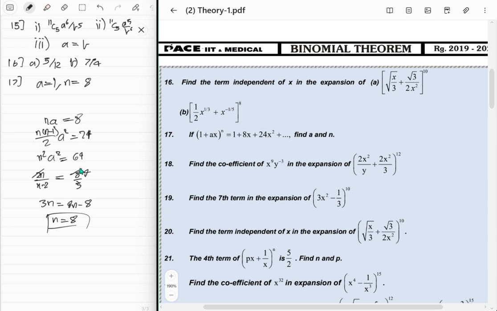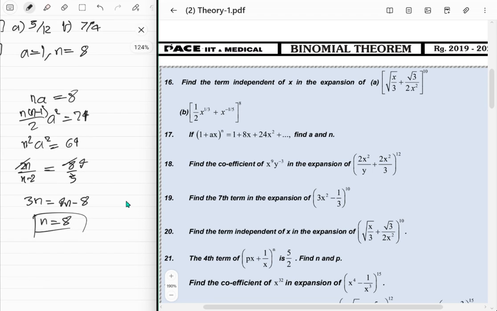Well, that is 8 upon 3, so 3n is equal to, I clearly got n is equal to 8. How did this not work then? Well, 8C2, it's not a multiple of 7, by the way. So why does it not work? No, something just went wrong. That's what I can say.